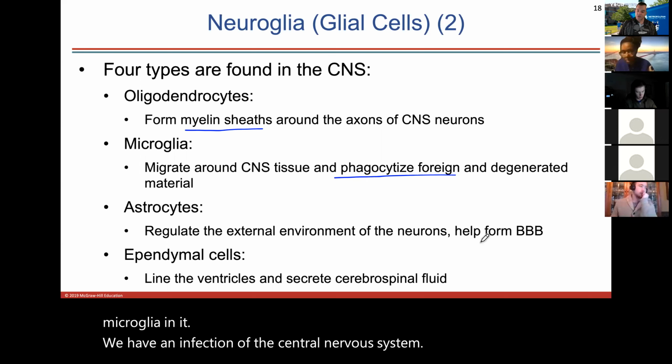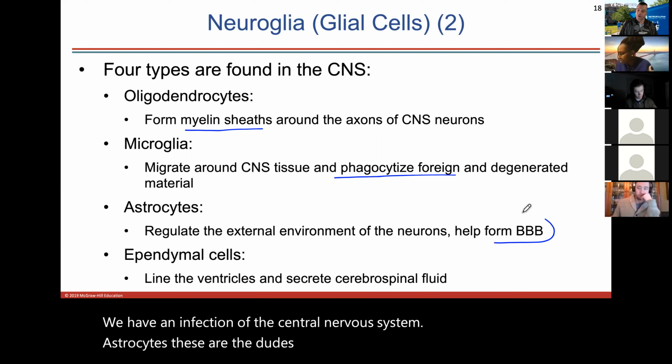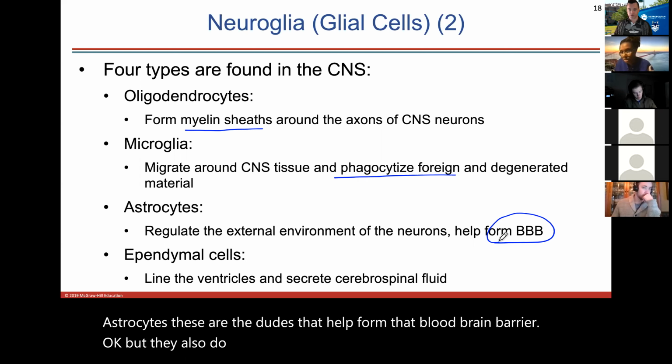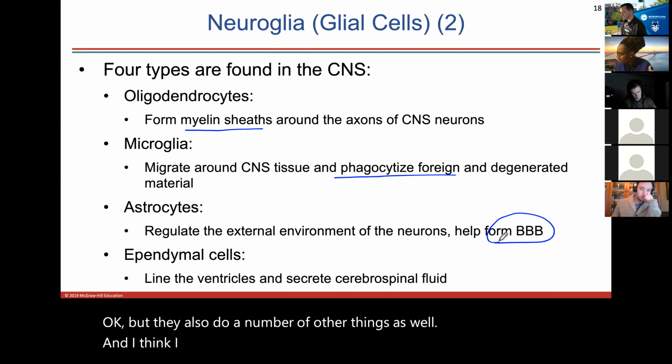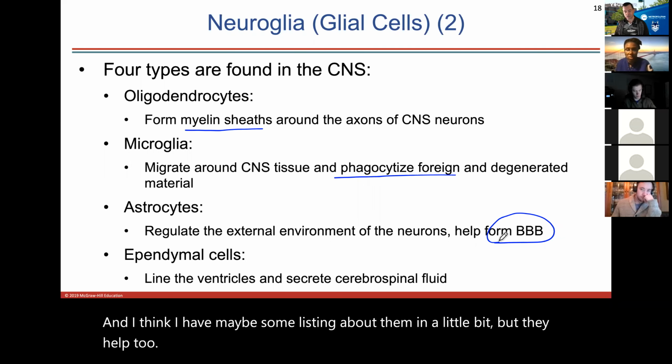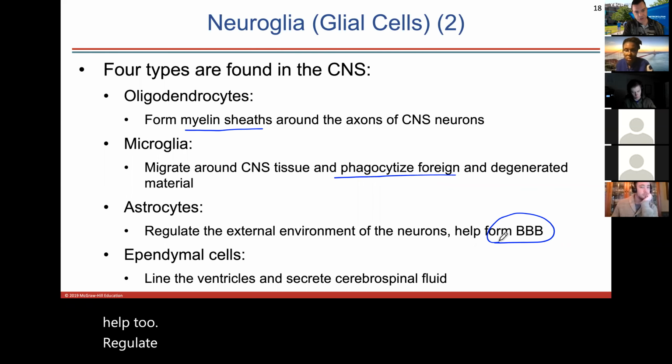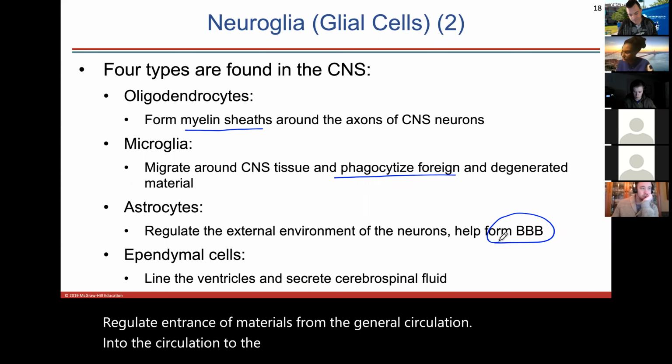Astrocytes, these are the dudes that help form that blood-brain barrier. But they also do a number of other things as well. They help to regulate entrance of materials from the general circulation into the circulation to the central nervous system.